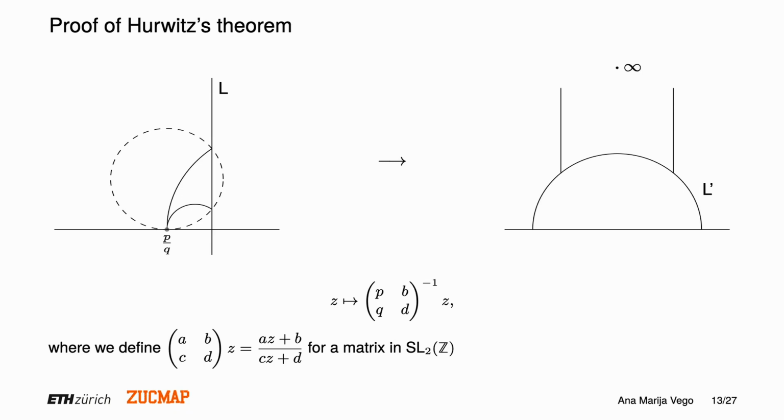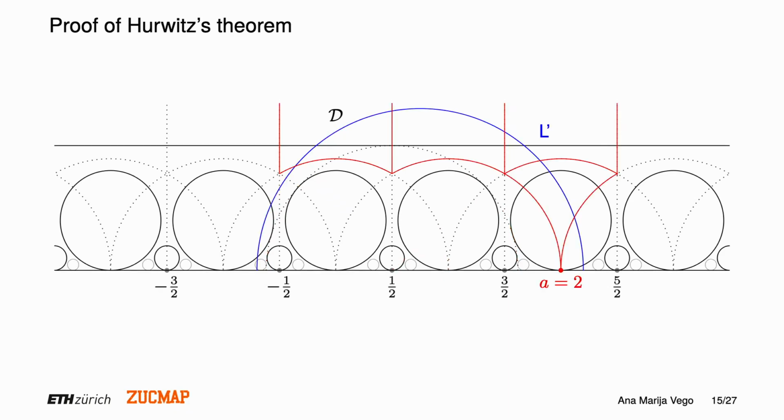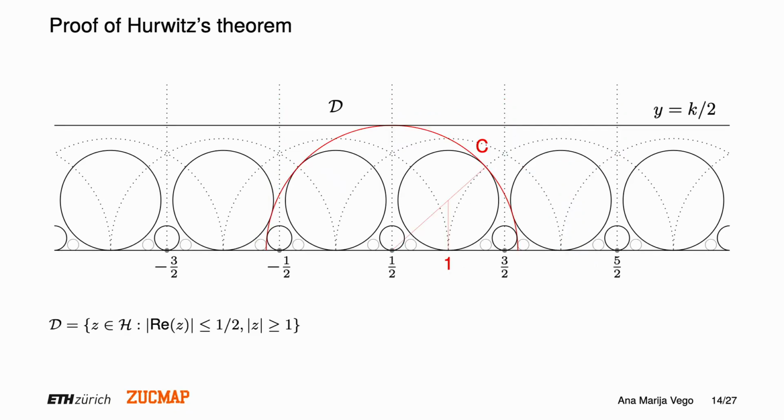The idea is that, in the end, we don't have to look at all circles in the upper half plane and all possible lines L that can appear, but can limit ourselves to a small region of the upper half plane. Some of you, if you know some hyperbolic geometry, know that it's enough to look at the fundamental domain, the region that I denoted by D in the upper half plane.